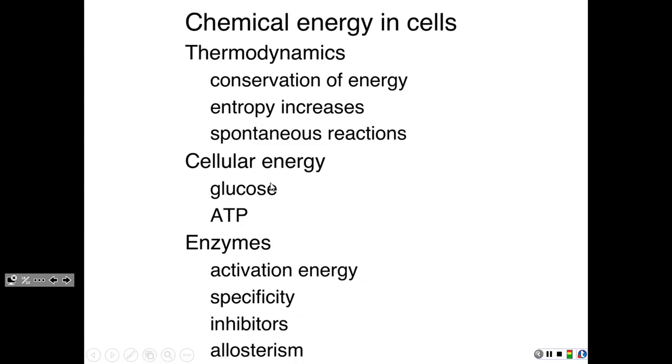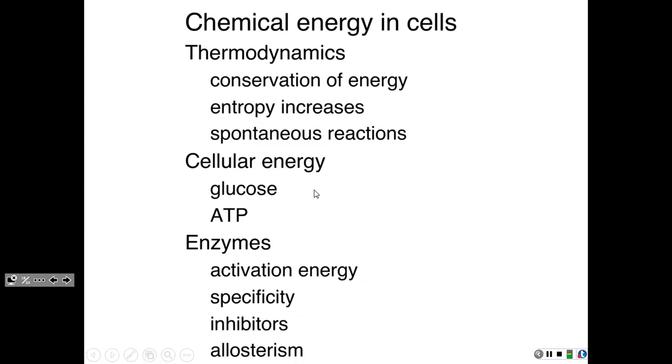Let me remind you about some of the details for the energy currency inside of cells. Remember, glucose is the big chunk of change of energy for cells, 686 kcals per mole. Let me let that sink in for a little bit. You guys know what a calorie is.